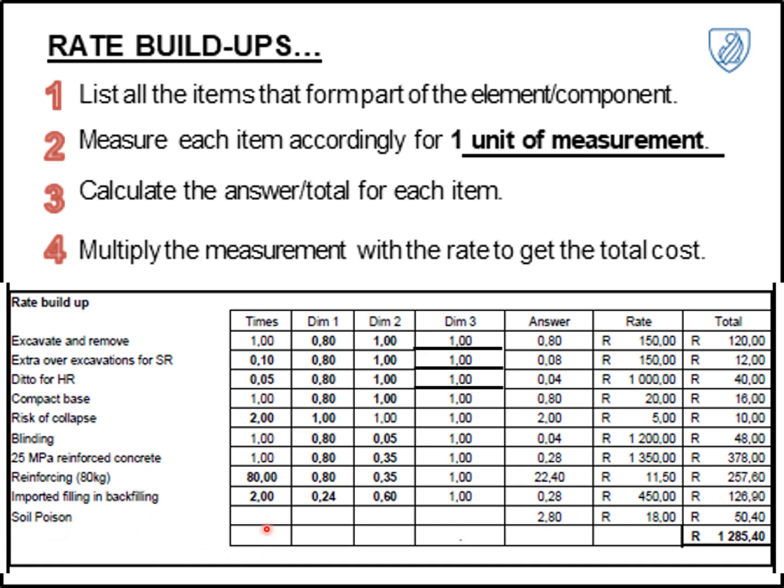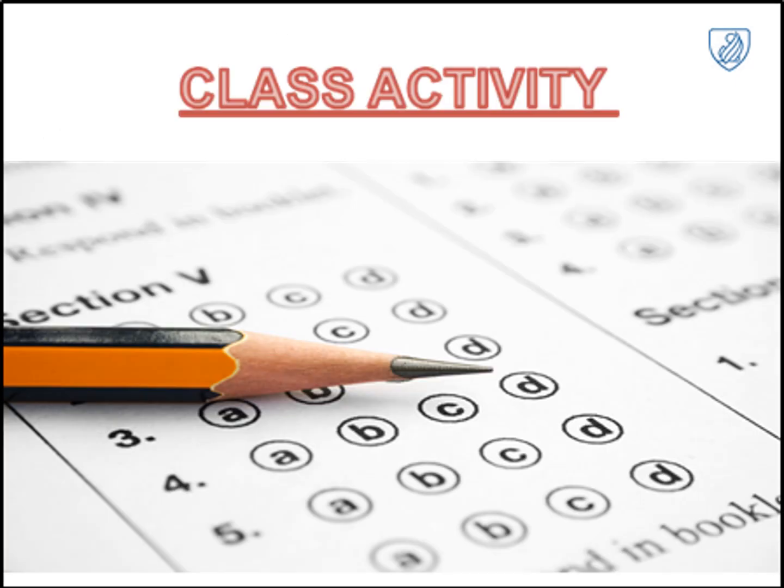Just note that the soil poisoning calculation wasn't included here, but it's basically just the area of the soil poisoning, and it's supposed to show the bottom and the side. It was just omitted here, so make sure that you know how to calculate that. Very simple. Then you just add all of that up to get to your specific rate.